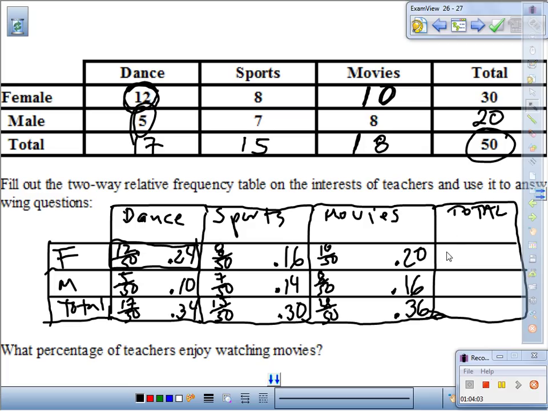Therefore, let's look at the totals. 30 over 50 should be what? 0.60. 20 over 50 should be, and of course, 50 over 50 should be 1. Nice.